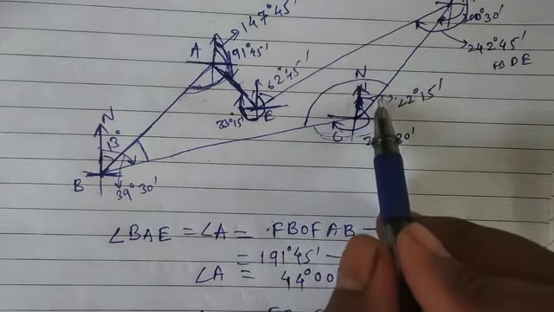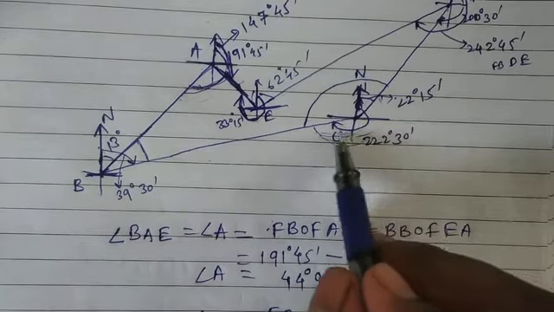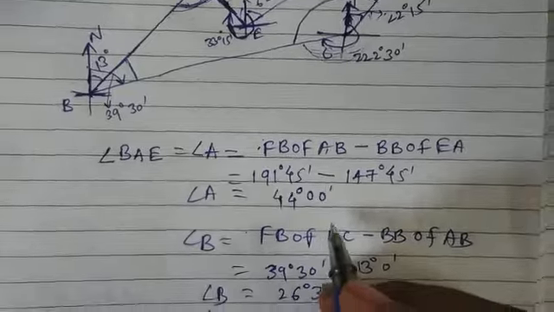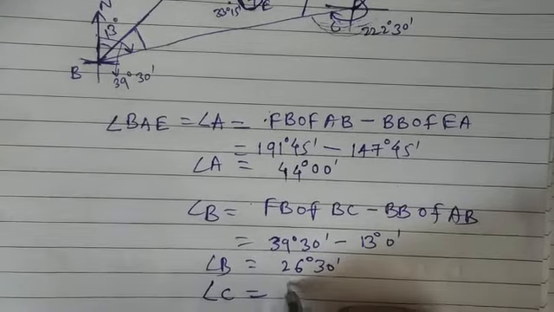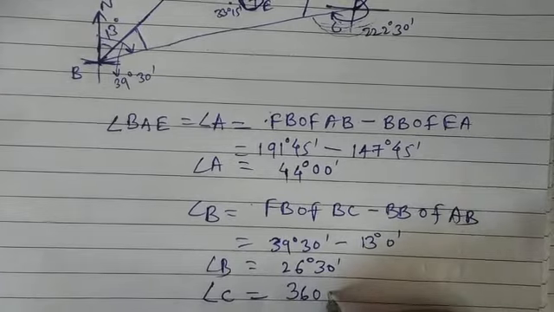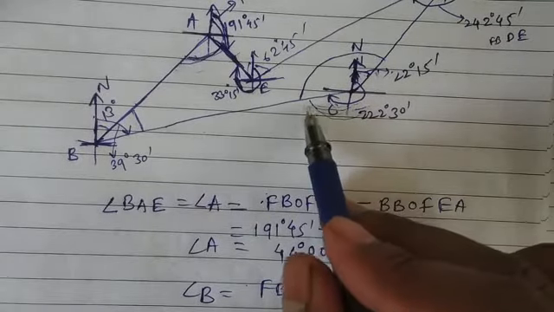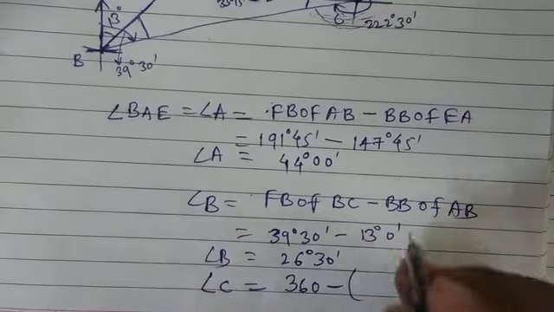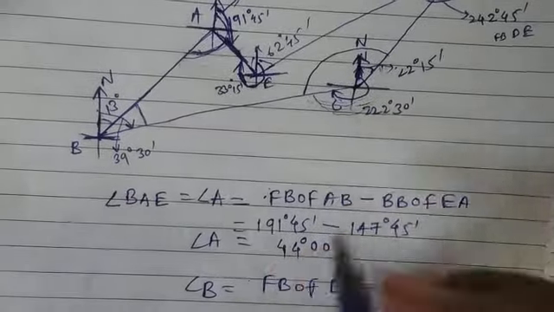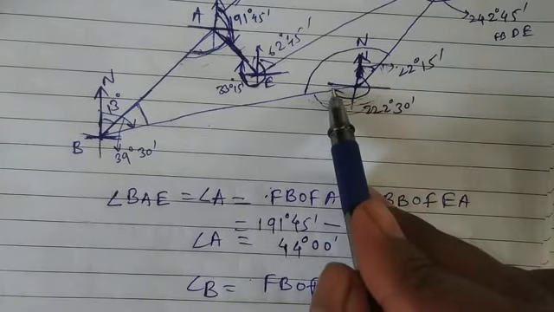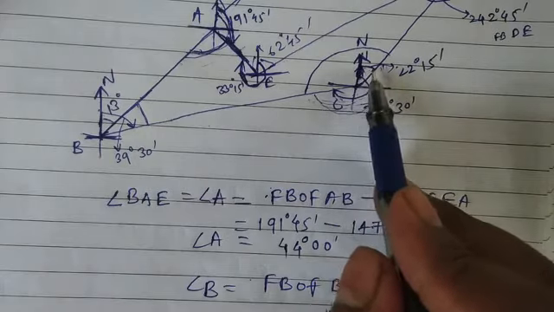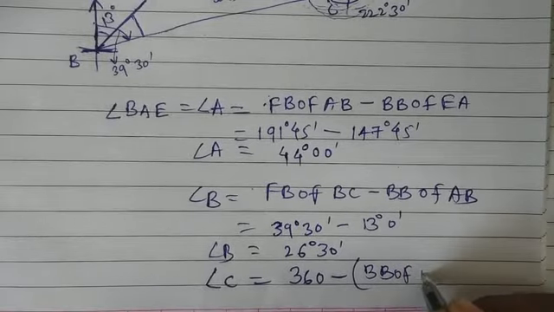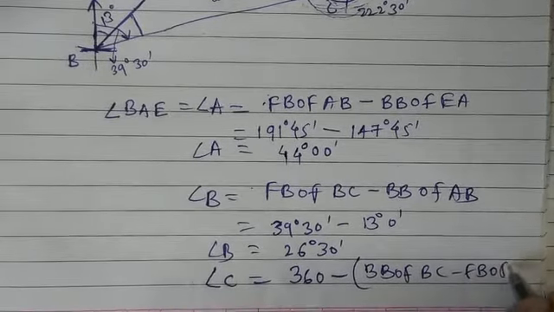So in words first, the interior angle will be equal to 360 minus this exterior angle. The exterior angle is equal to the back bearing of BC minus the fore bearing of CD.